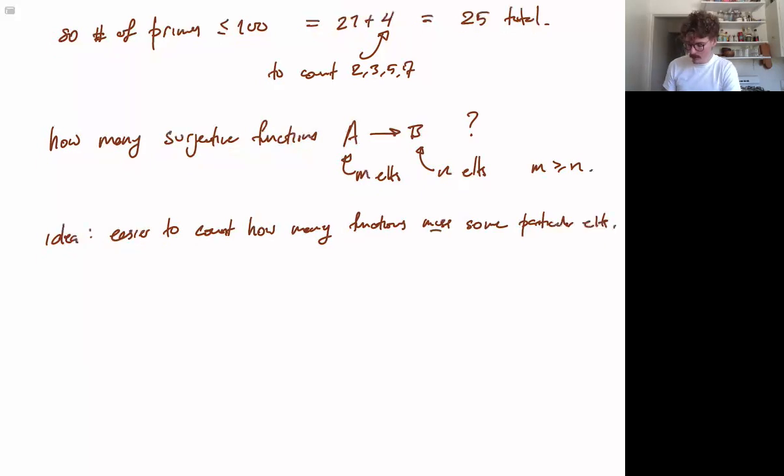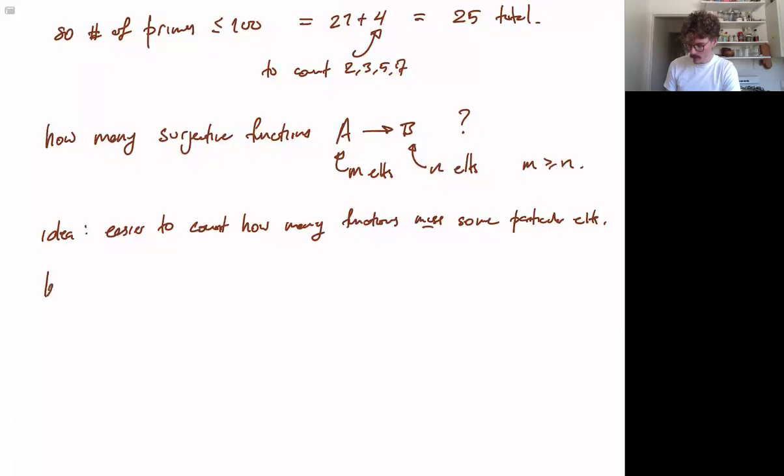So, let B equal, we just want to name these elements so that we can refer to them, B1 through Bn.